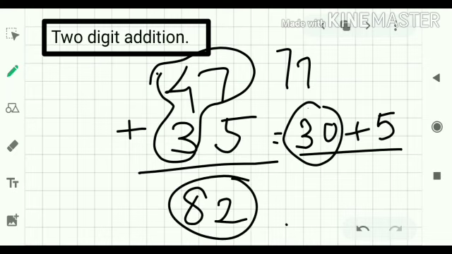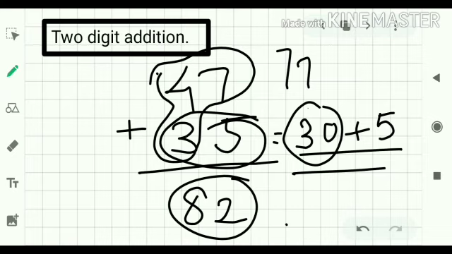So see, in this way you can ease these calculations and do it in your mind. This is the best approach for two-digit addition. First of all, you separate a two-digit number into its tens and units place, and the next thing is you add one two-digit number with the other number's tens and then the remaining one-digit number.